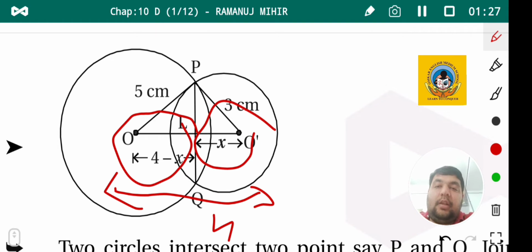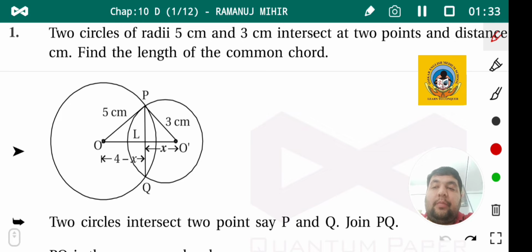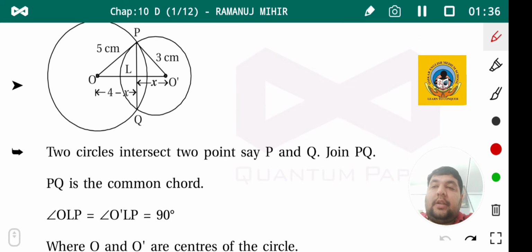Now see how we will find the solution of the problem. First we have to draw two circles. The two circles intersect at 2 points, say P and Q, and PQ is the common chord. Now, as we have proved, angle OLP will be 90 degrees, because the line drawn from the center to the chord is perpendicular to the chord.